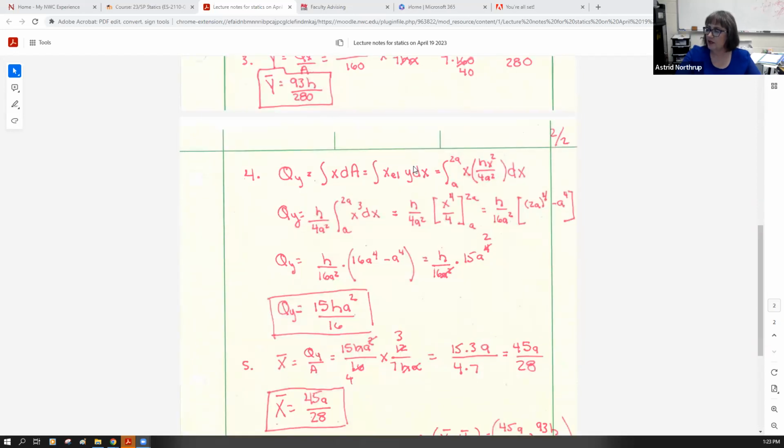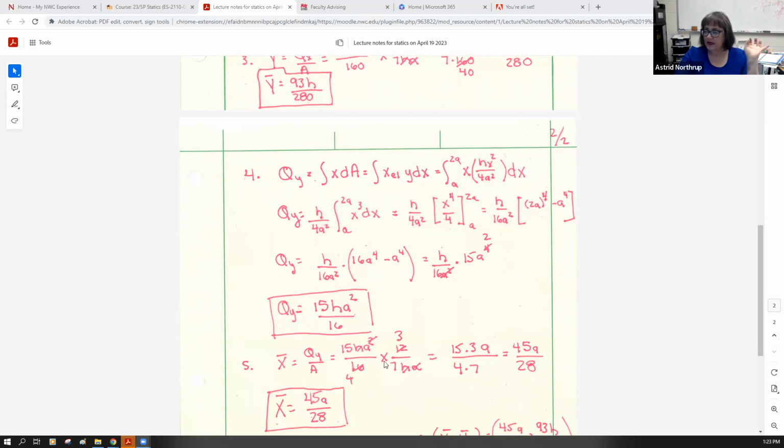All right, so I plug that in, and I get x times y dx. So I plug in the function for y. Then I go ahead and pull out the constants, integrate from a to 2a, and I come up with Q sub y equal to 15h a squared over 16. Then using the same idea, x bar is equal to Q sub y over the area. So I have Q sub y.